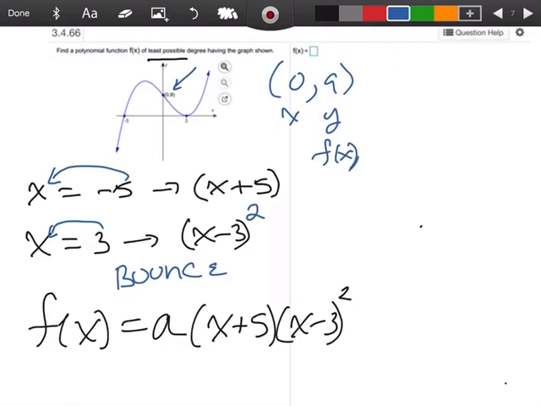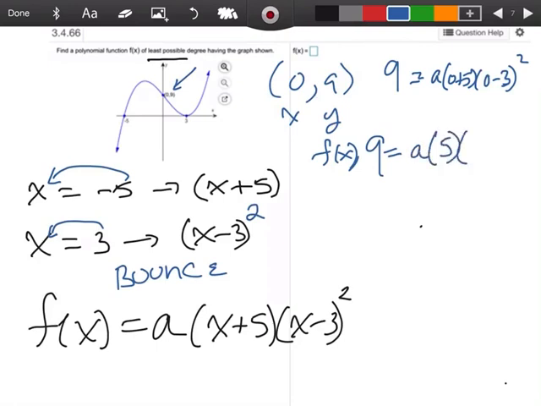So I'm going to write 9 is equal to a times (0 plus 5) and (0 minus 3) squared. So 9 is equal to a, 0 plus 5 is 5, 0 minus 3 is -3, squared.